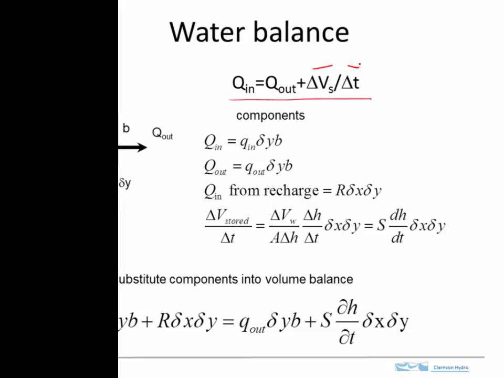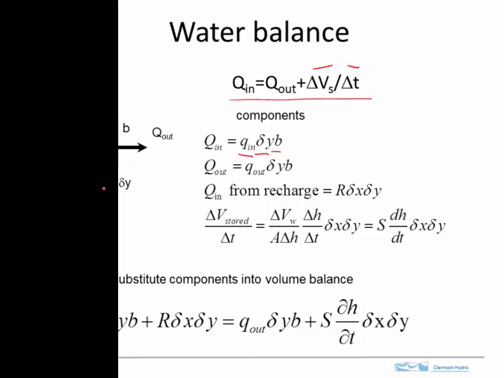Okay, so we assume that that's going to hold, and then we look at the individual components. The volumetric flow rate in is here, and I want to write that in terms of flux. So I'll have a flux that comes in like this, and the volumetric rate in is simply equal to the flux in times the cross-sectional area, which is dy times b.